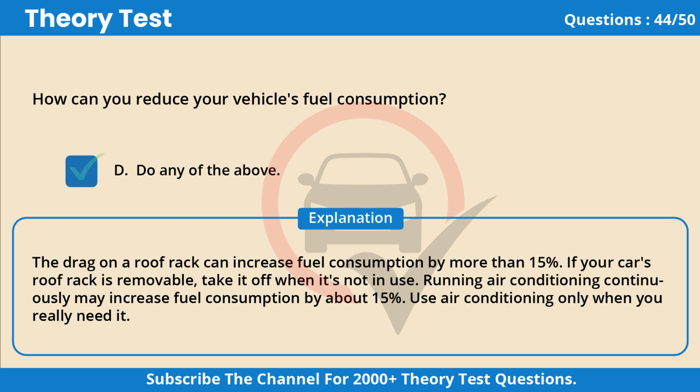The drag on a roof rack can increase fuel consumption by more than 15%. If your car's roof rack is removable, take it off when it's not in use. Running air conditioning continuously may increase fuel consumption by about 15%. Use air conditioning only when you really need it.